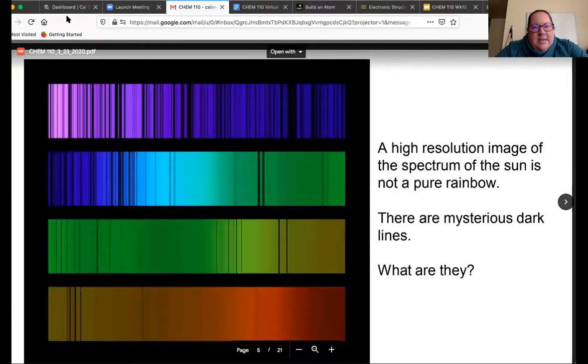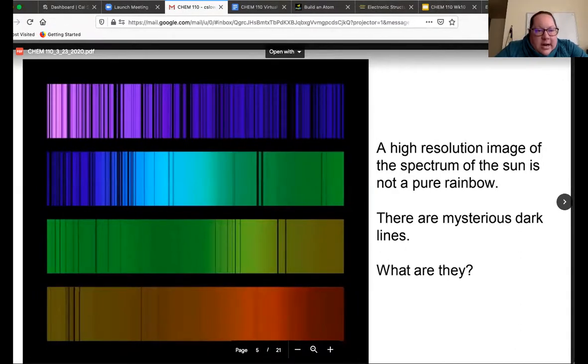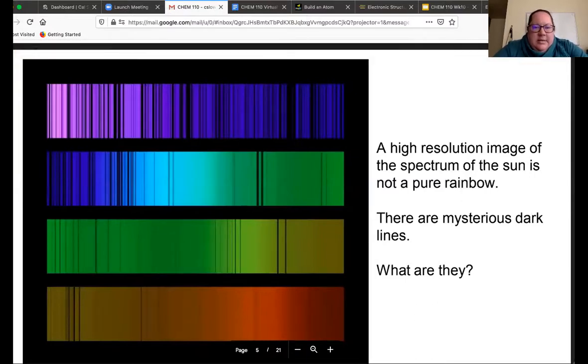But I want you to think about this. There are these dark bands that you can actually see. What are these dark bands? If we think about the sun and the light that it emits, everything that we see here color-wise is the result of elements that are exciting electrons, and then when they relax back down, that's how the light gets emitted.